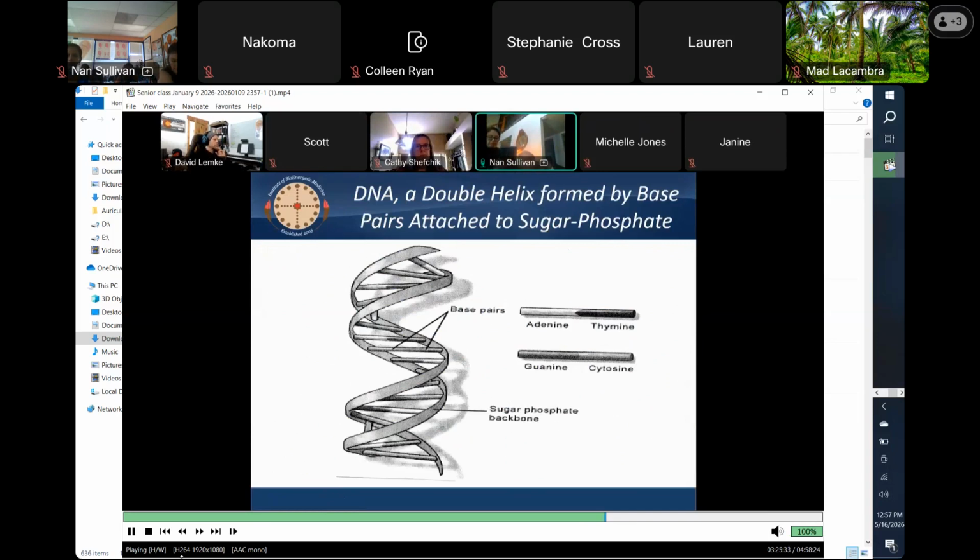Auricular therapy, which is so fantastic, in a fetus, when the human auricle is being developed, it comes out as a spiral. Here we see the base pairs, and a sugar phosphate backbone.